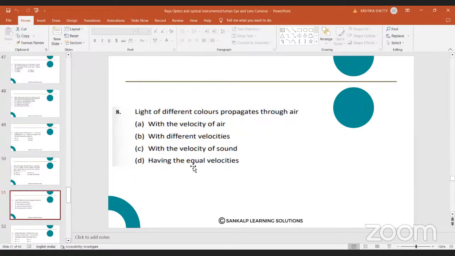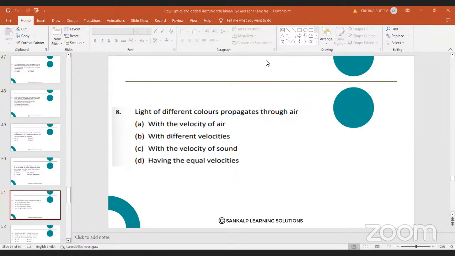Light of different colors propagates through air. So what is happening? It is traveling through air, different colors. The options are: with the velocity of air, with different velocities, with the velocity of sound, having equal velocities. So even if the colors are different, when traveling through the air, yes, very good everyone.